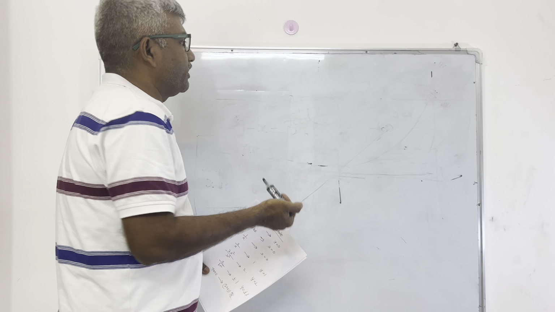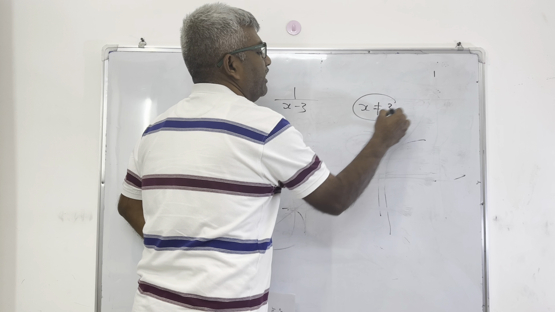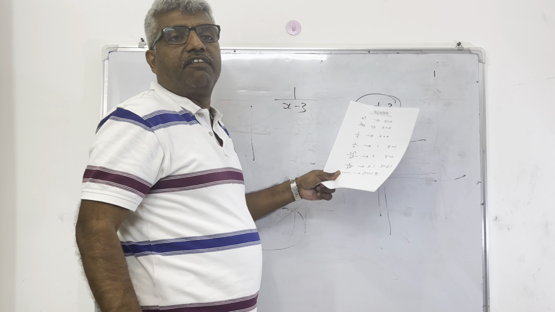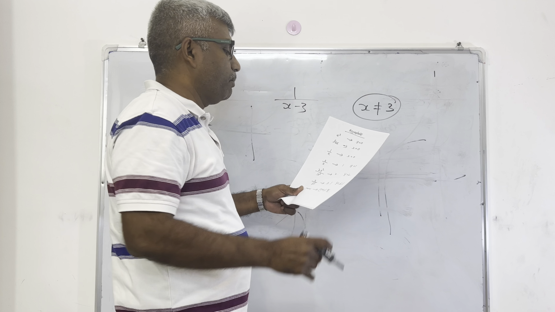And another simple point. When you find the domain, suppose x minus 3, when x is not equal to 3, in that case it will be the vertical asymptote. That point also note it down. Okay, now we will go to the examples. X cube plus x.